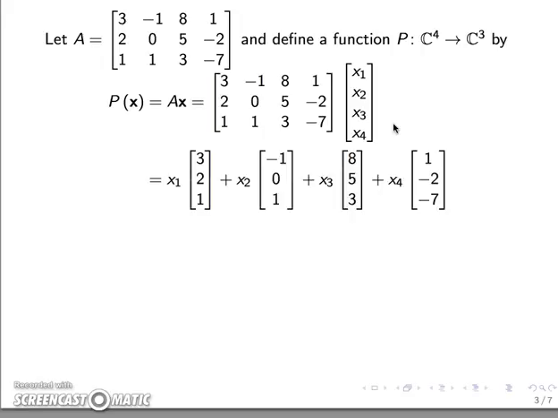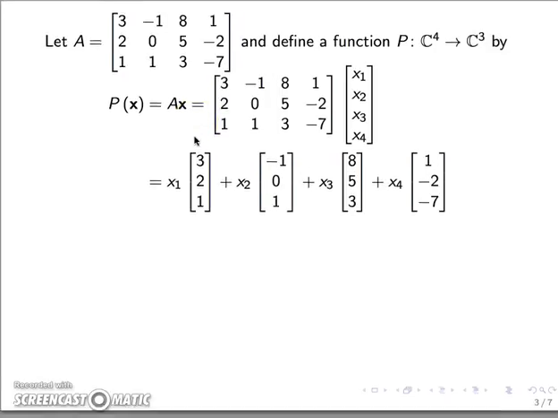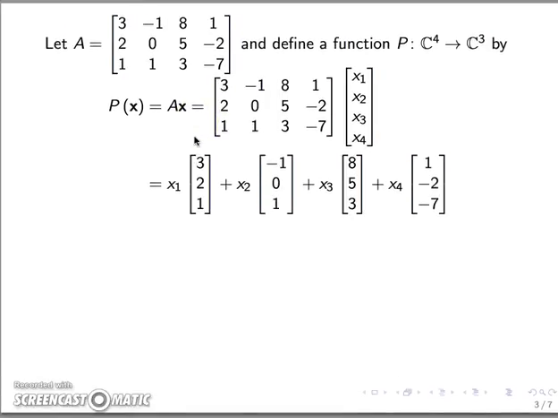So the coefficients in this linear combination are precisely the entries of this vector. So this entry is x1, here's x1 multiplying column 1 of the matrix. If you will, we can call this a1, this a2, this a3, and a4. So this is nothing new. This is simple matrix operation.